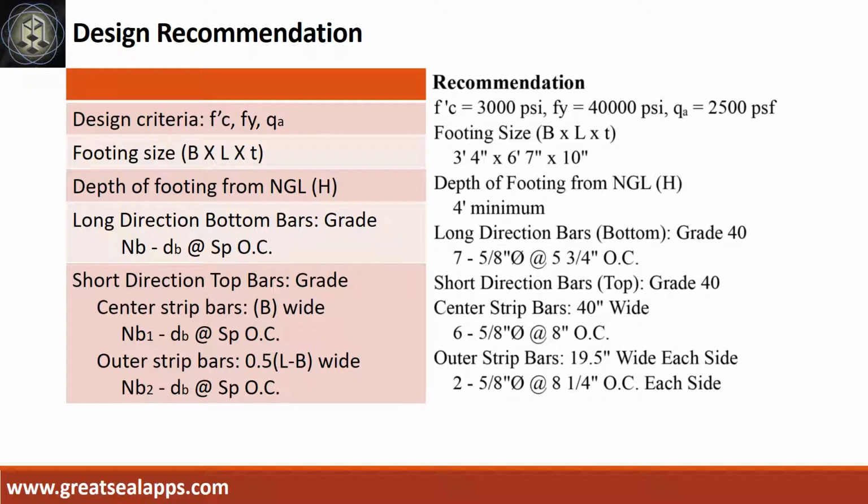Short direction bars of grade 40, center strip bars 40 inches wide, 6 pieces 5/8 inch diameter at 8 inches on center. Outer strip bars 19.5 inches wide each side, 2 pieces 5/8 inch diameter bar at 8 and 1/4 inches on center each side.